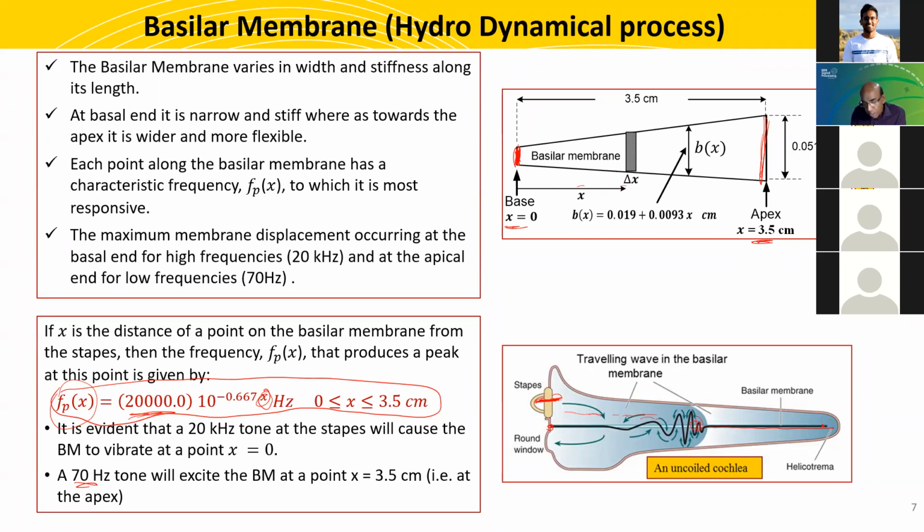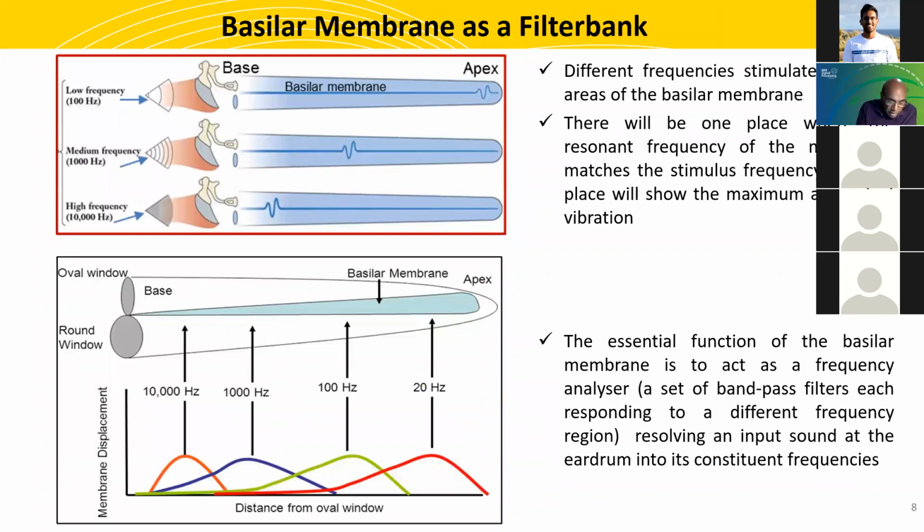All you need to know at this stage is that the membrane is like a trapezium, very stiff here and a bit flexible there, and we have to model this membrane. That's the idea of this talk.